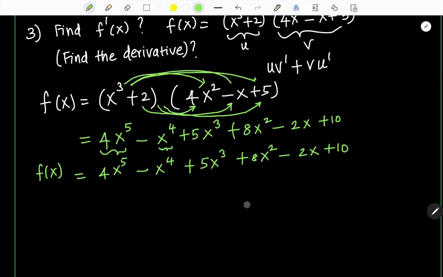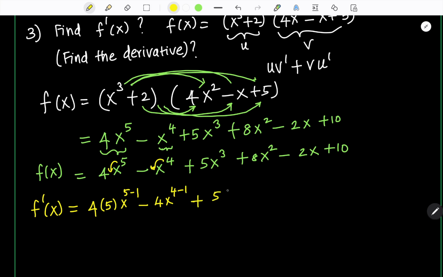Clear? Now we are going to take the derivative f dash of x without using the product rule. So okay, 4x power 5: 5 will come down, x power 5 minus 1. Minus x power 4: 4 will come down, x to the power of 4 minus 1.